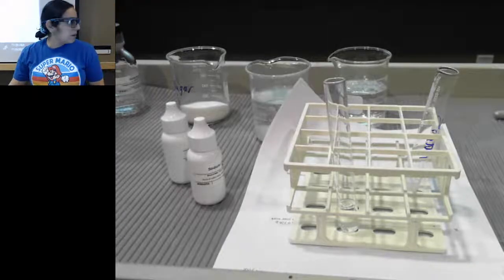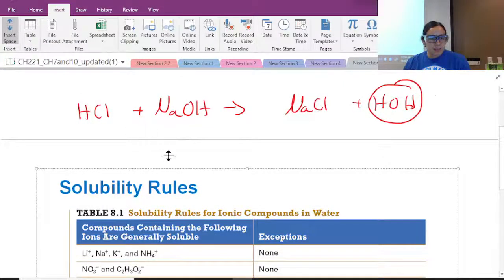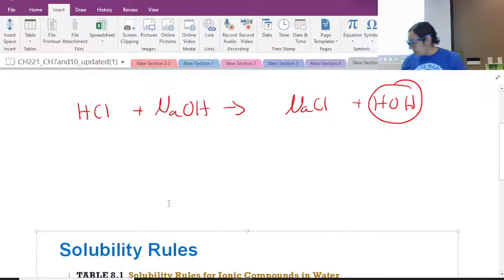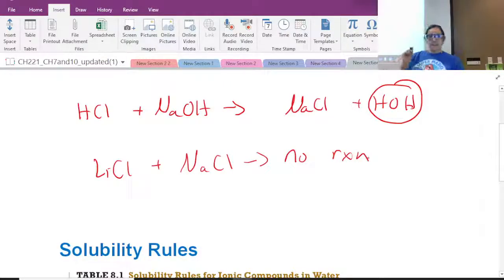So let's look at that. We added together, and I lost my pen again, lithium chloride plus sodium chloride, and then we seem to get no reaction. So what happened?